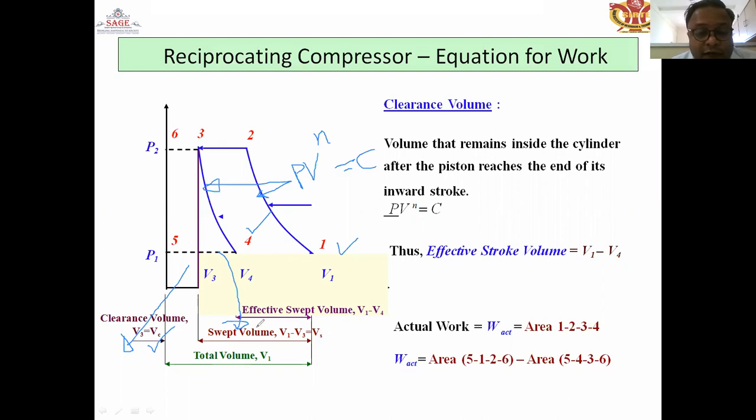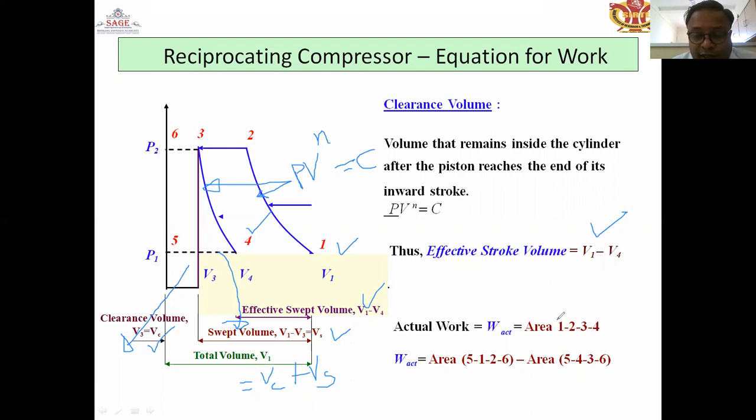The grand total volume is V1, and V1 is equal to clearance volume plus swept volume. The swept volume is V1 minus V3, and the effective swept volume is V1 minus V4. Because the expansion process is going on, the effective stroke volume is V1 minus V4.